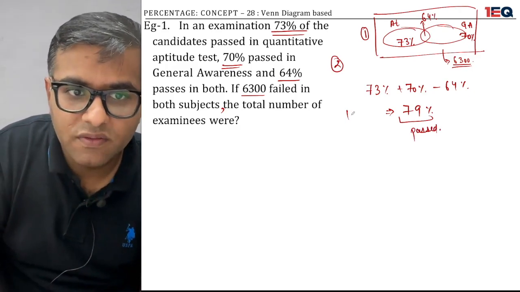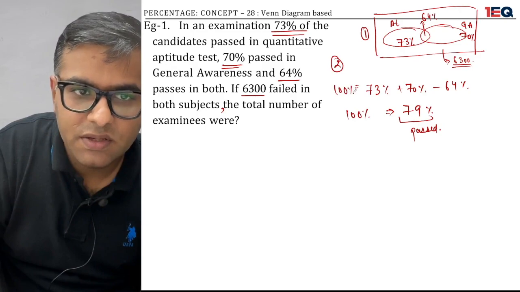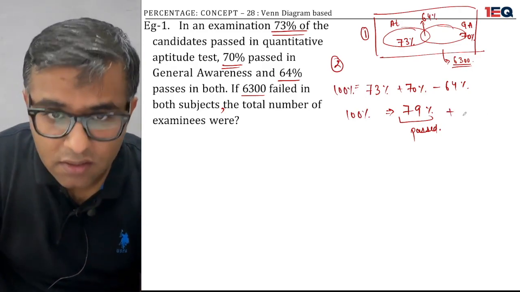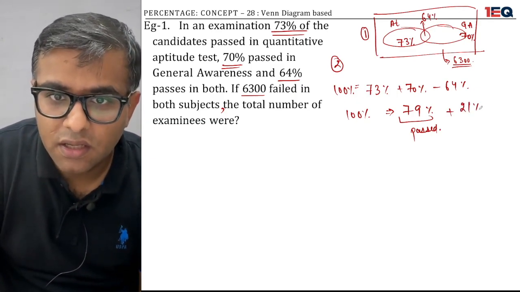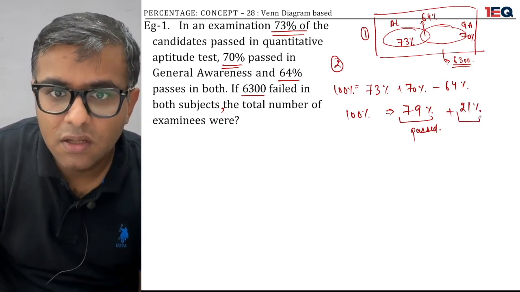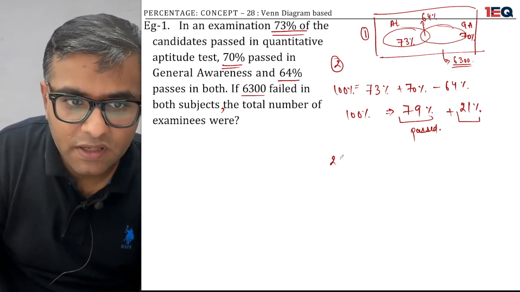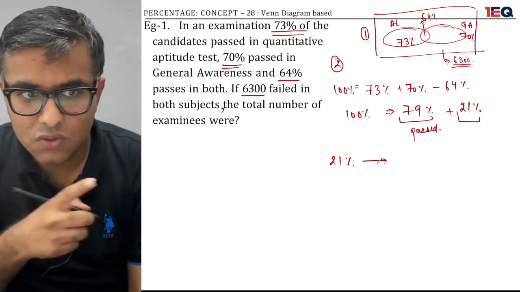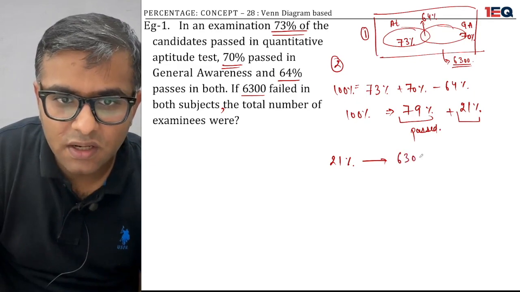Now, out of 100% of the total, there is a component that is missing over here. And the missing component over here is 21% in nature, 21% in percentage terms, not in absolute terms. And luckily, we've been given the value of 21% over here. The 21% students who are failing is equal to 6300.